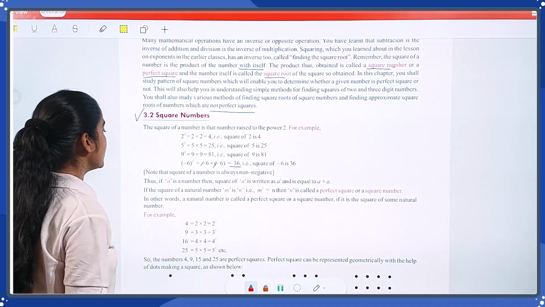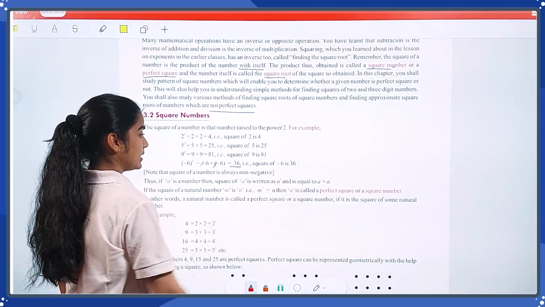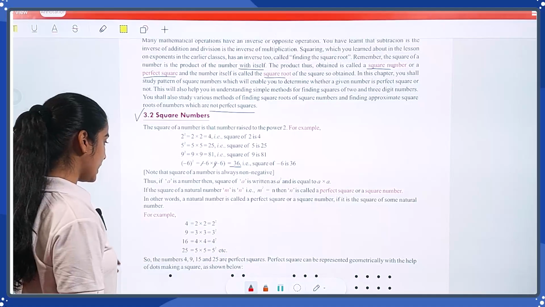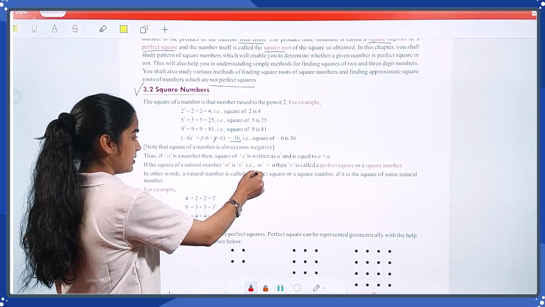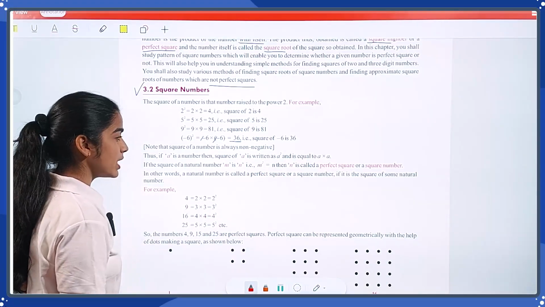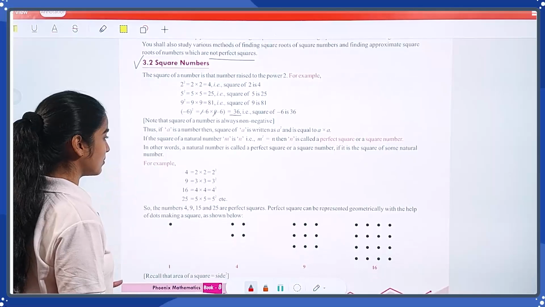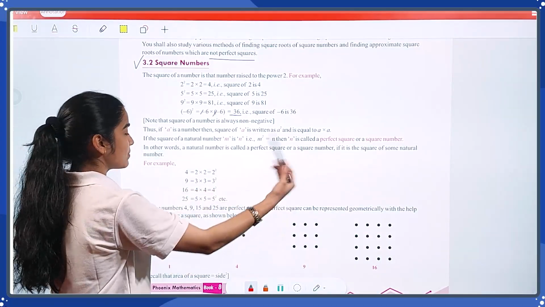If a is the number, then the square of a is written as a raised to the power 2, and it is equal to a multiplied by a. If the square of a natural number m is n, that is, m raised to the power 2 is equal to n, then n is called a perfect square or square number. In other words, a natural number is called a perfect square or a square number if it is the square of some natural number.